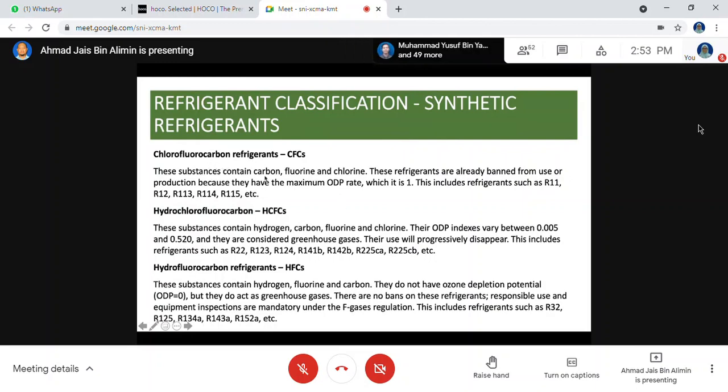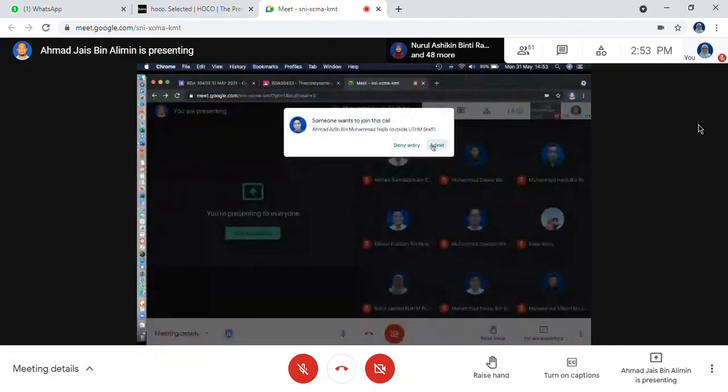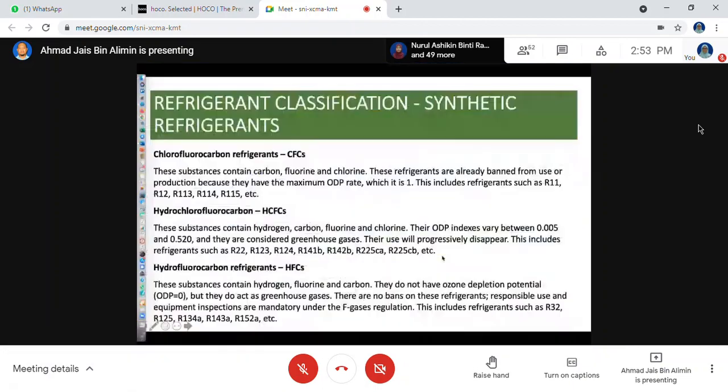Chlorofluorocarbon, as the name suggests, contains carbon, fluorine, and chlorine. The second one also has carbon, but only the three elements. Additionally, it contains the hydrogen element. Okay, the index for the HCFC is between 0.05 to 0.52.